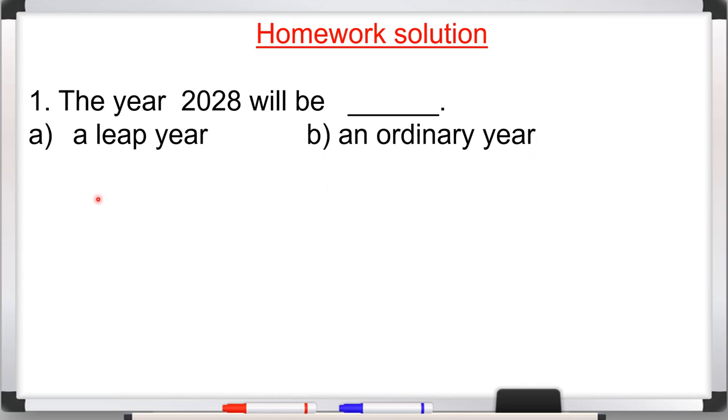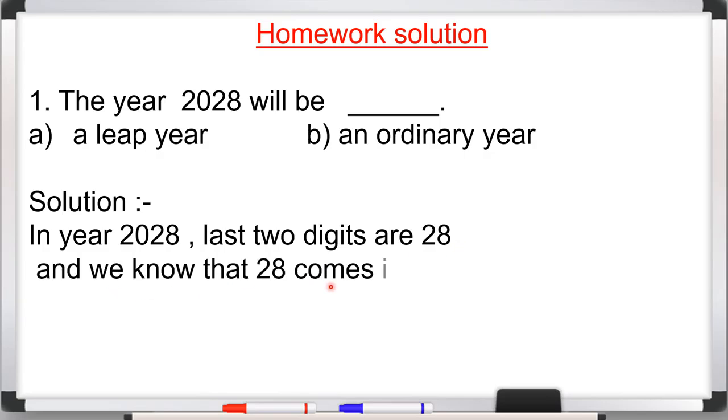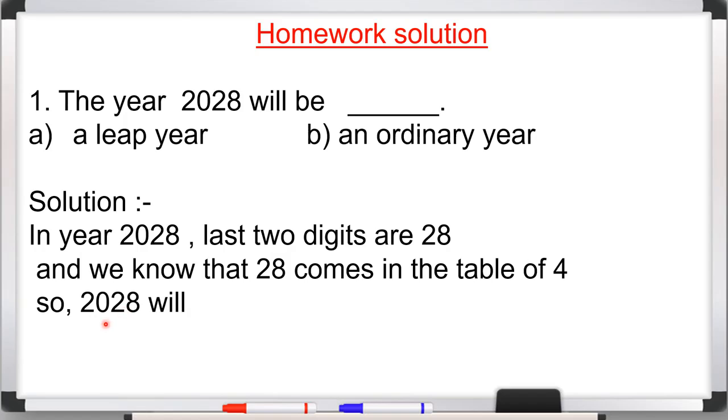Now we have to solve it. So here in 2028, last two digits are 28, okay, and we know that 28 comes in the table of 4, है ना? So 2028 will be a leap year.